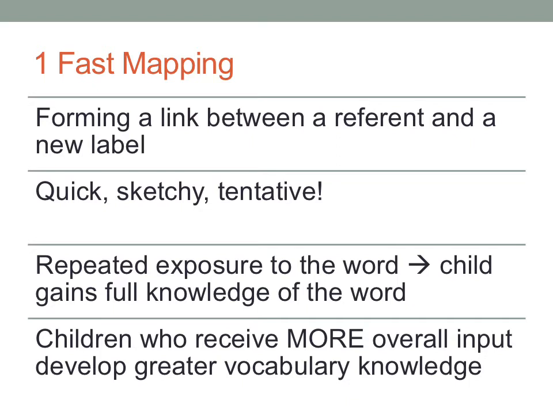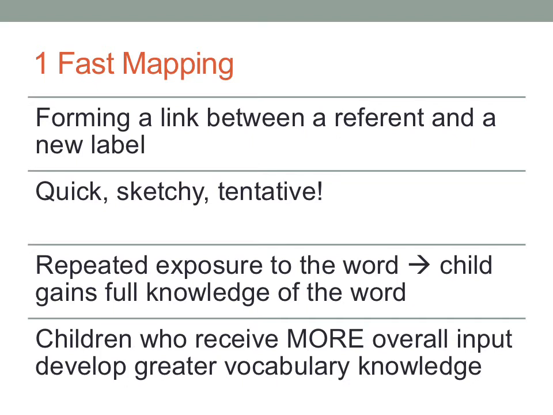The idea about fast mapping is that children form a link between a referent and a new label. So if there's an object in front of them and they hear a word, they're going to associate that label with the object that they're looking at.